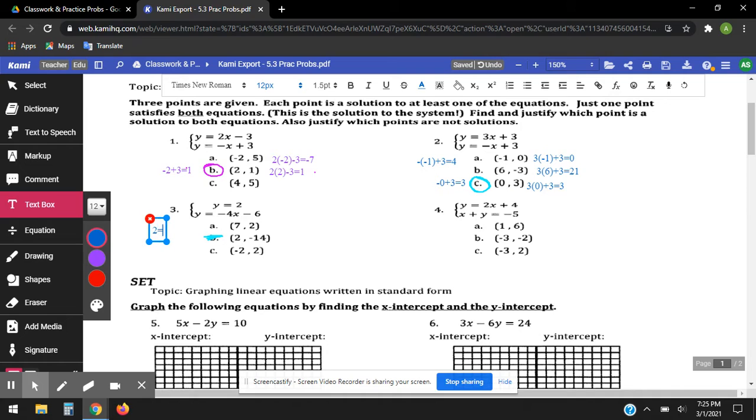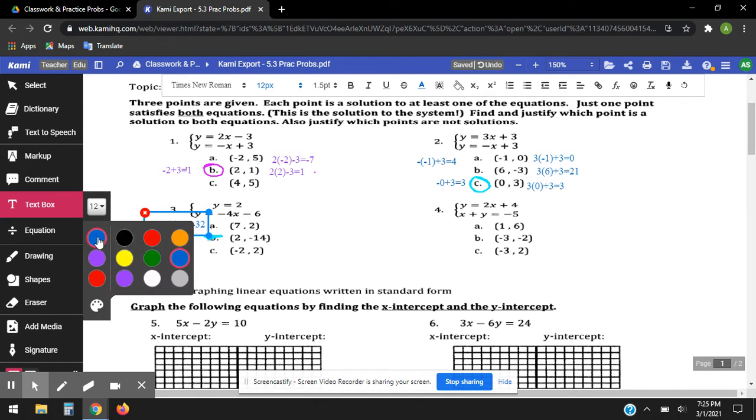So 2 equals -4 times 7 minus 6. That's -28 minus 6. That is not true because -28 minus 6 is -32. So this one does not work.